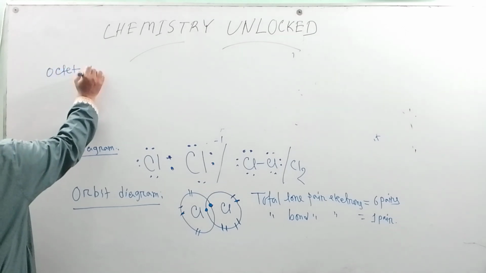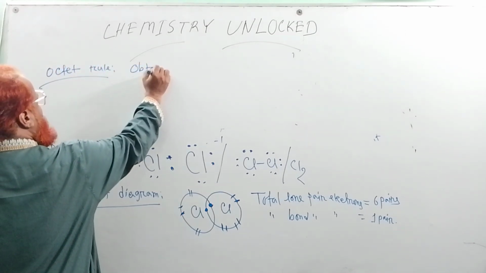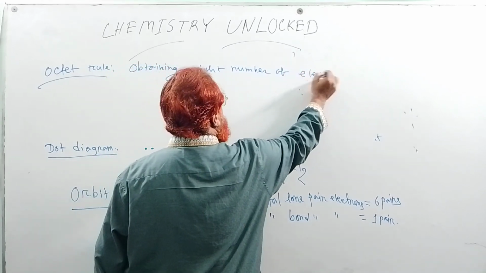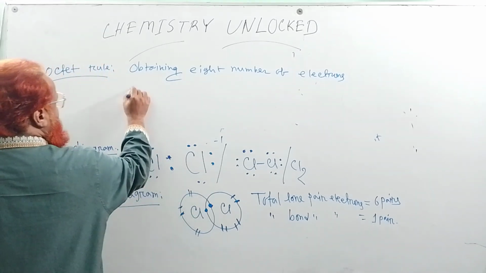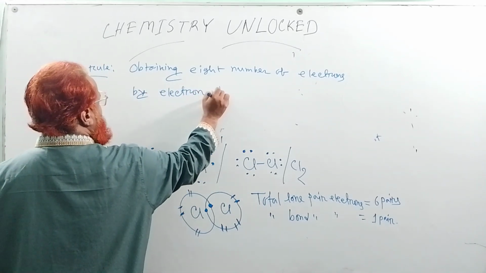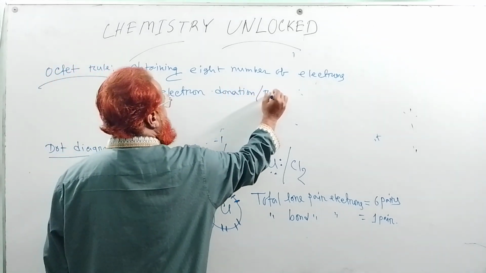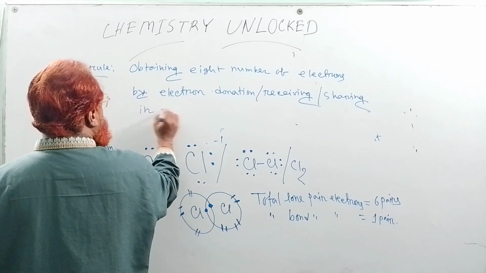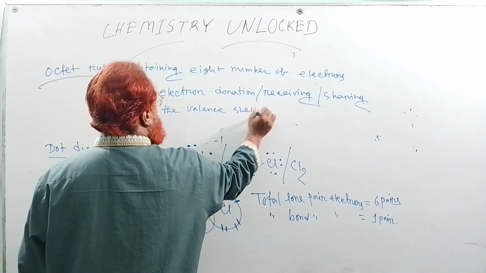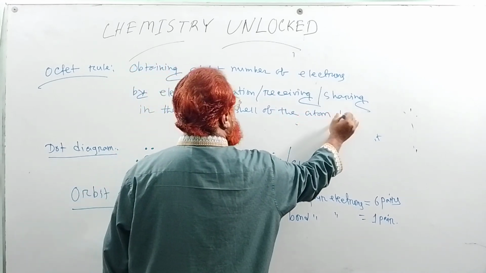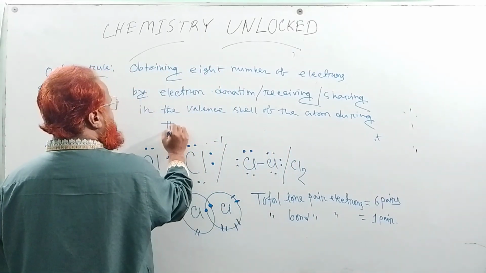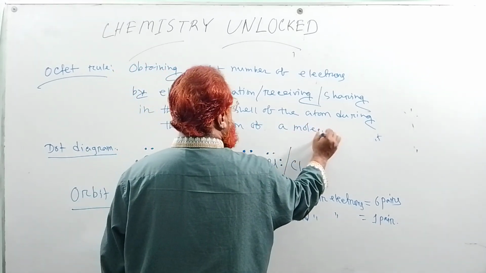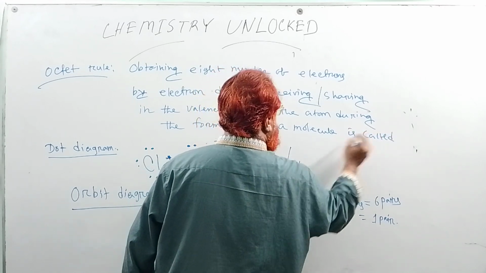Octet rule: obtaining 8 electrons by electron donation or receiving or sharing in the valence shell of the atom during the formation of a molecule is called the octet rule.